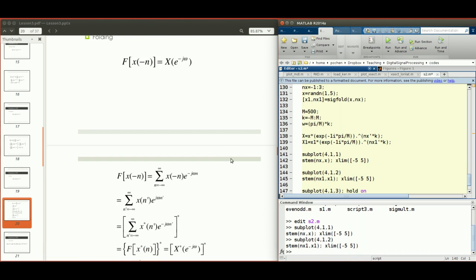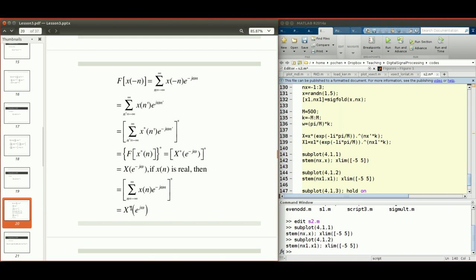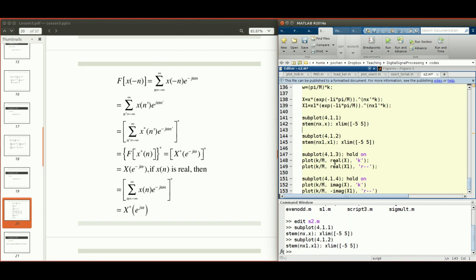So what this equation is actually telling us, when x is a real signal, is that the Fourier transform of the folded signal should equal the conjugate of the original Fourier transform before you folded the time domain signal. So all we have to do is compare the Fourier transforms big X and x1, and see if x1 is the conjugate of x.